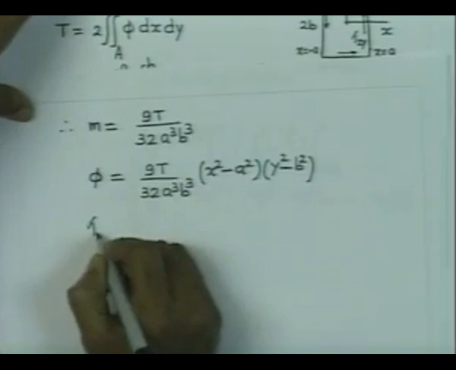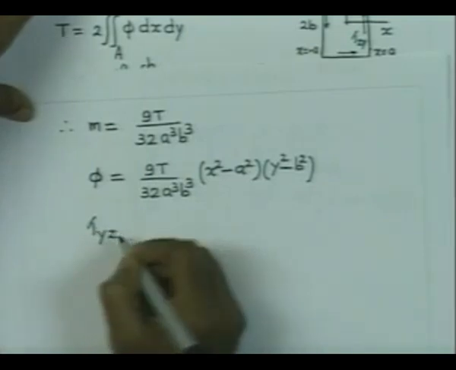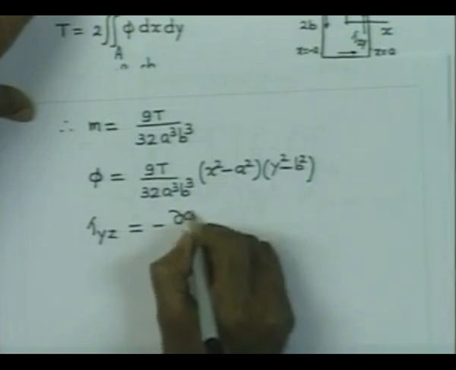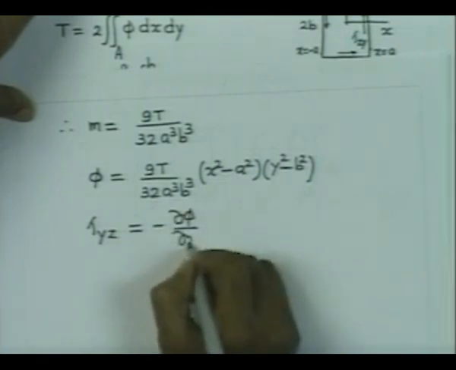Let us now calculate the stress which is going to act at the boundary. Particularly, we will be interested in calculating the stress at the end of the x axis. So, that stress is going to be tau yz, and this is given by minus delta phi by delta x.